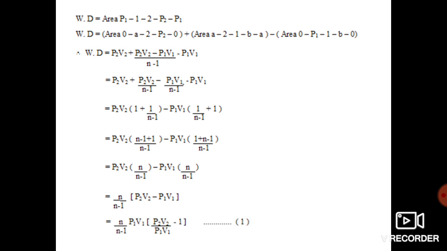So again from this term we take P1V1 common, and in the bracket we get P2V2 upon P1V1 minus 1. This expression we can call equation number 1.